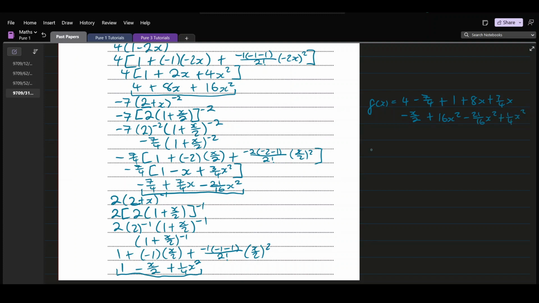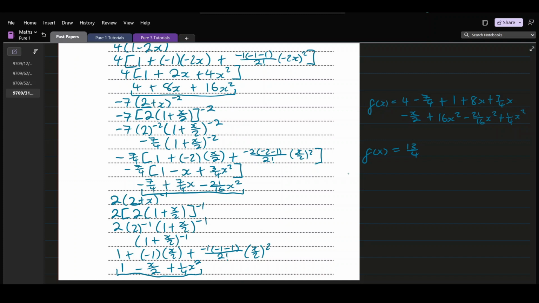And now let's simplify. So for the terms independent of x, that's 4 minus 7 over 4 plus 1. That gives us 13 over 4. And then for the terms in x, that's 8 plus 7 over 4 minus 1 over 2.